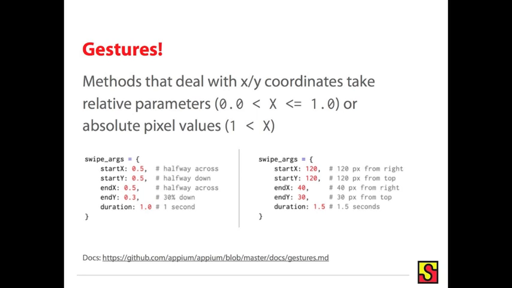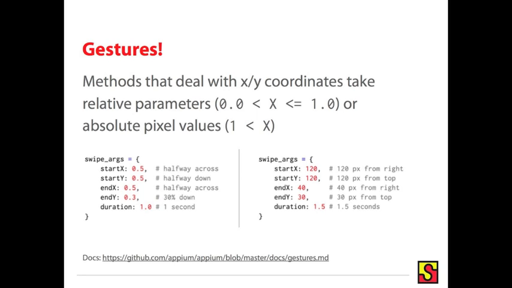And a value like 0.3 means 30% of the way down or across the screen. This is a really useful way of making your tests work well on devices that have different screen sizes. Because when you're using relative values like this, the swipe will happen the same no matter whether you have a device that's 480 pixels tall or 800 pixels tall.